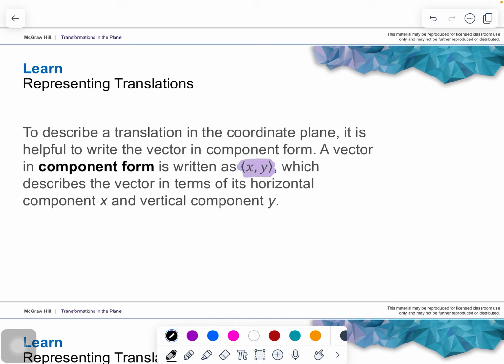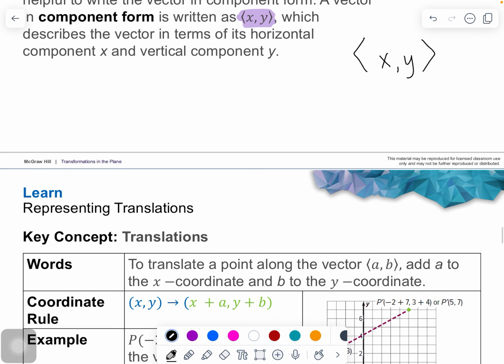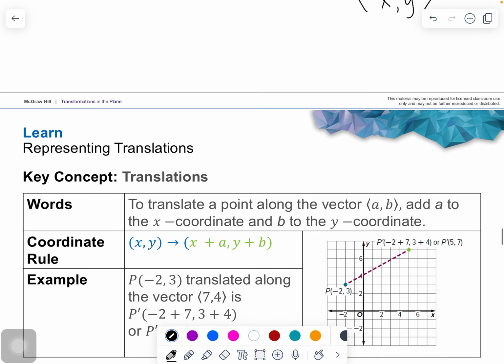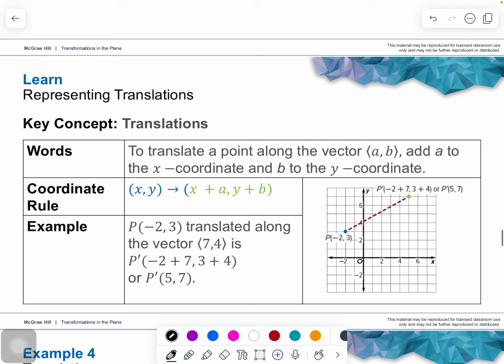So it's got these strange brackets that look like this, and it's got an x, y coordinate in the middle of it, which describes the vector in terms of its horizontal component x and vertical component y. Okay? And you're going to see that right down here, which is in your notes as well.